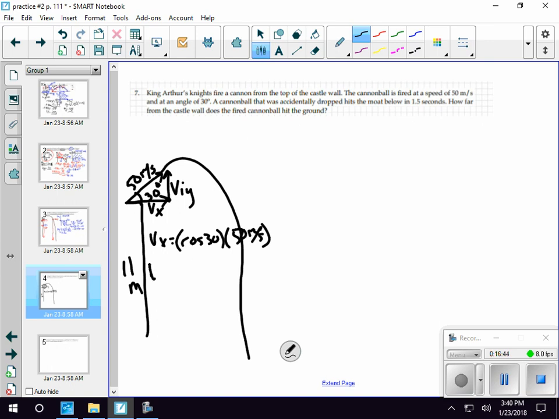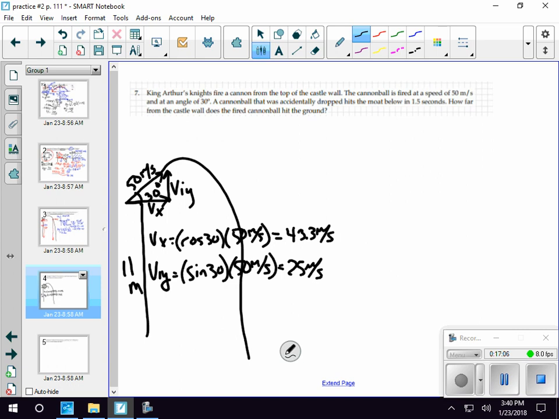I need that information. My initial Vy is going to be the sine of 30 times 50 meters per second. That one's going to be 25 meters per second because the sine of 30 is a half. And the Vx is going to be 43.3 meters per second.